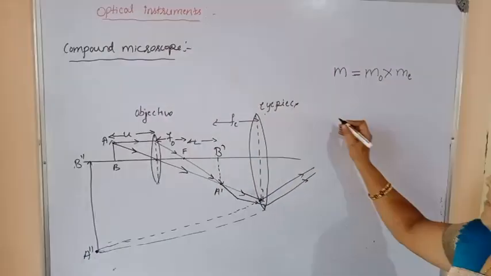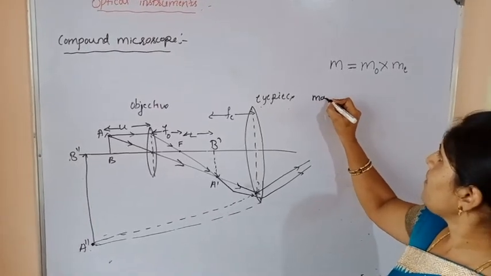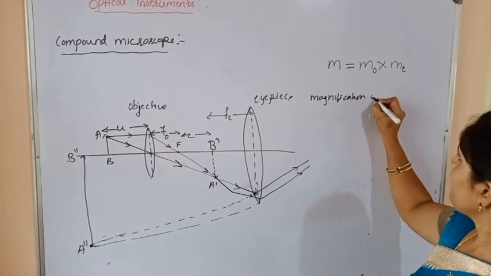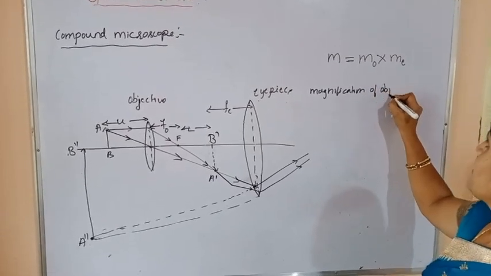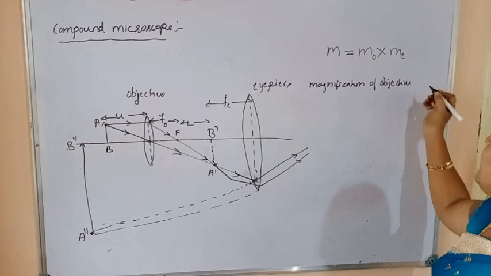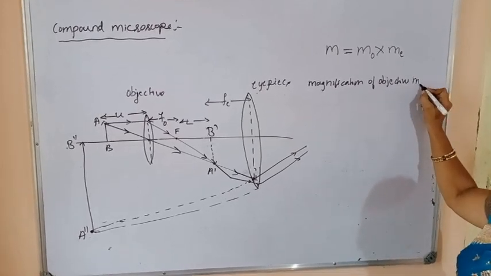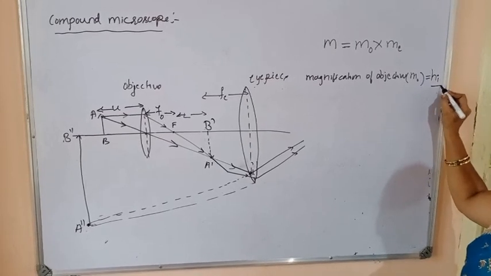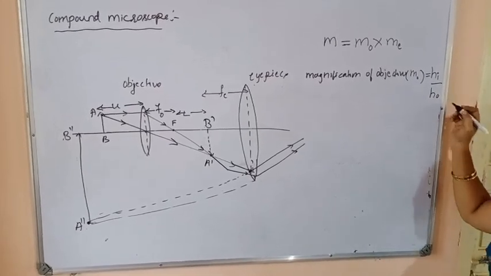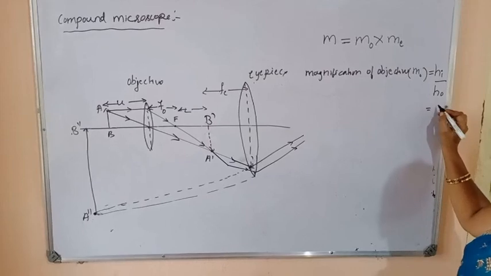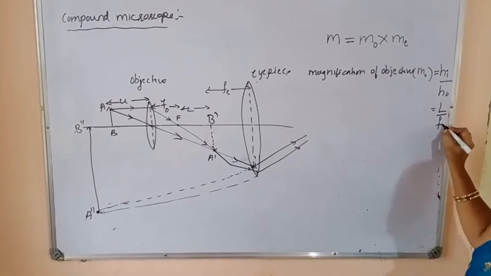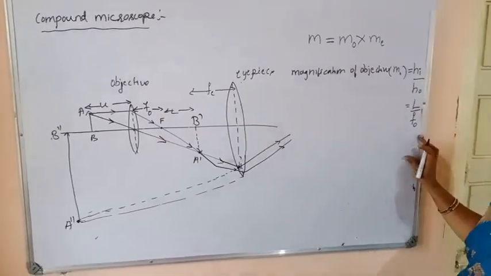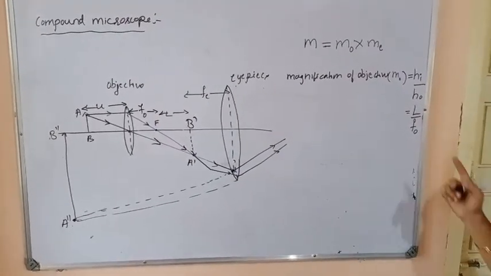So, the magnification power of the objective, that is M0, is equal to HI by HO, height of image to height of object, that is equal to L by F0, where L is the tube length and F0 is the focal length of the objective.